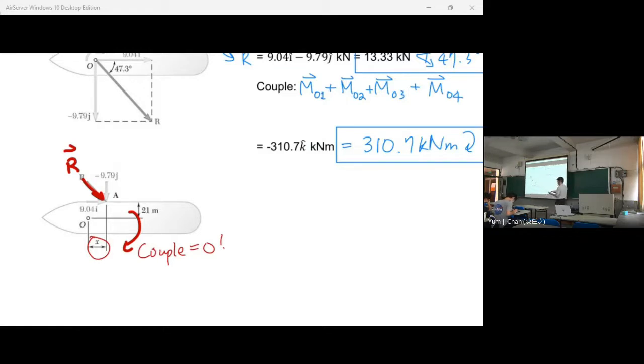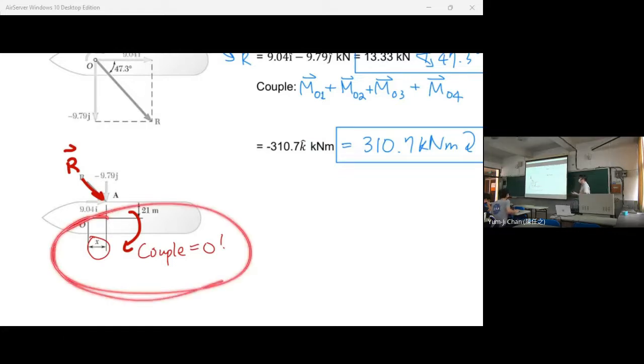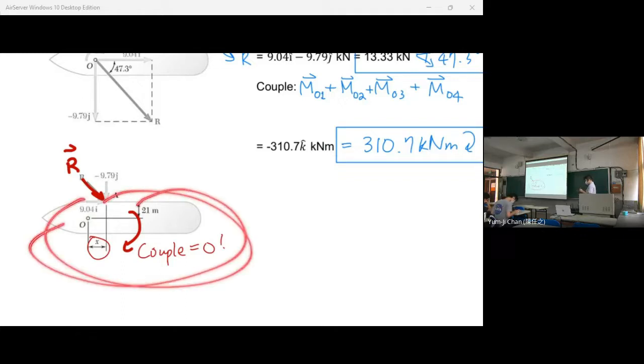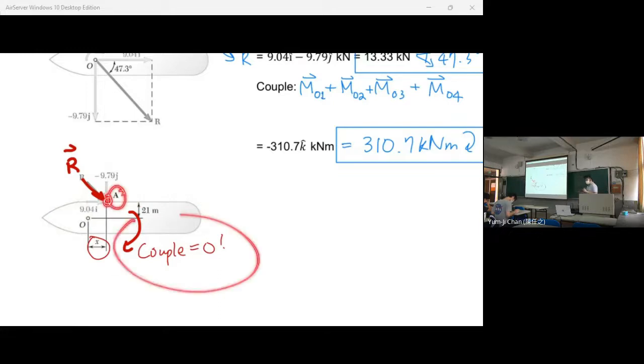At first, I hope you agree with me that there is somewhere at point A where the couple is equal to 0, but then we need to find this point.